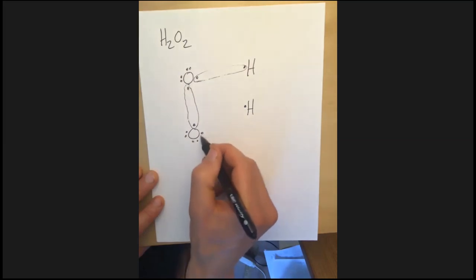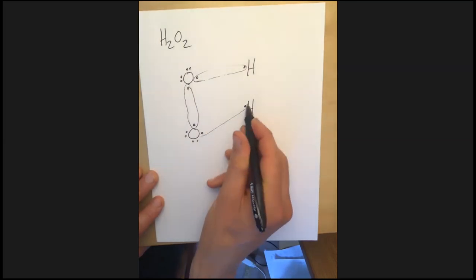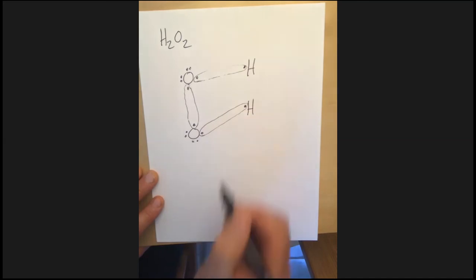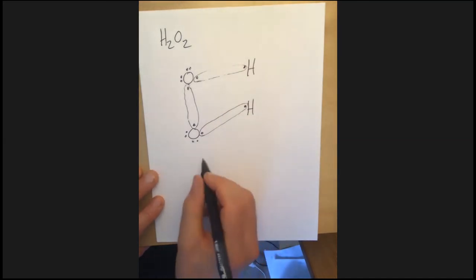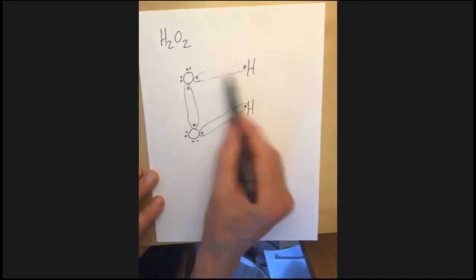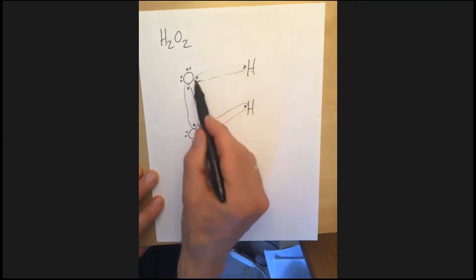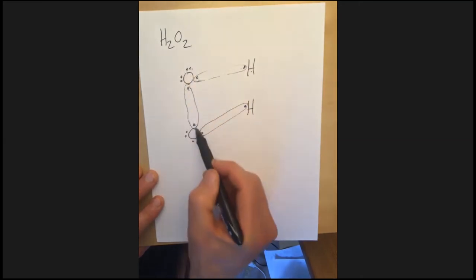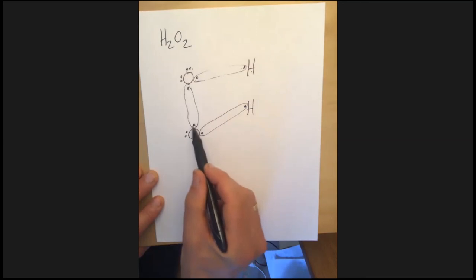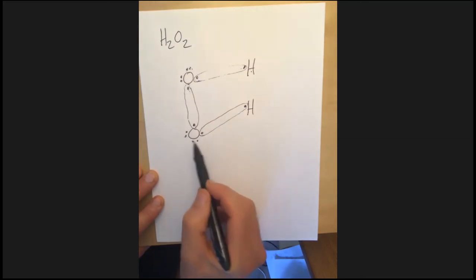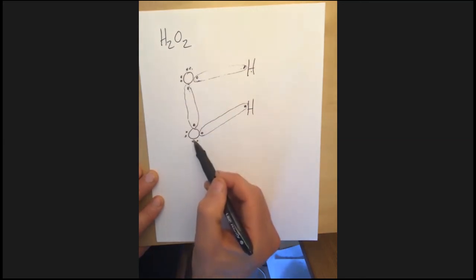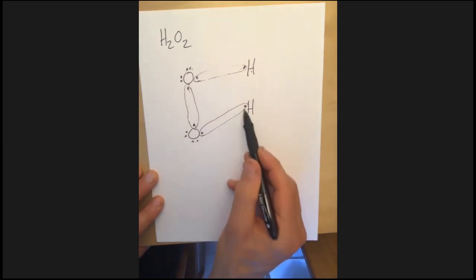And then I've got 1 electron left to share with my hydrogen. And so now I can count 1, 2 for my hydrogen, 1, 2, 3, 4, 5, 6, 7, 8 for this oxygen, 1, 2, 3, 4, 5, 6, 7, 8 for this oxygen, and 1, 2 for this hydrogen.